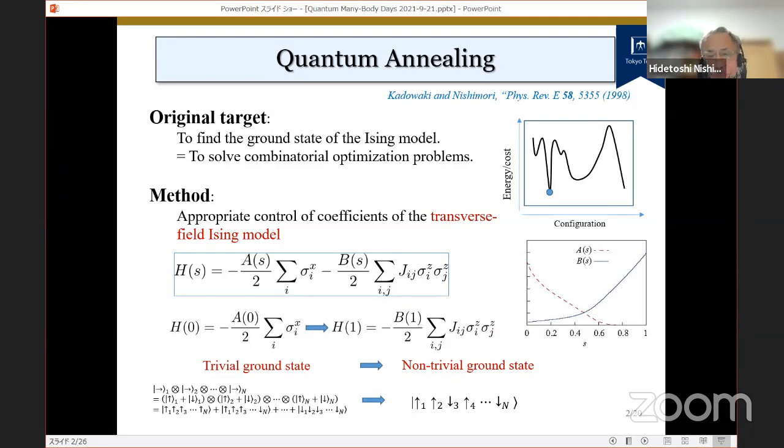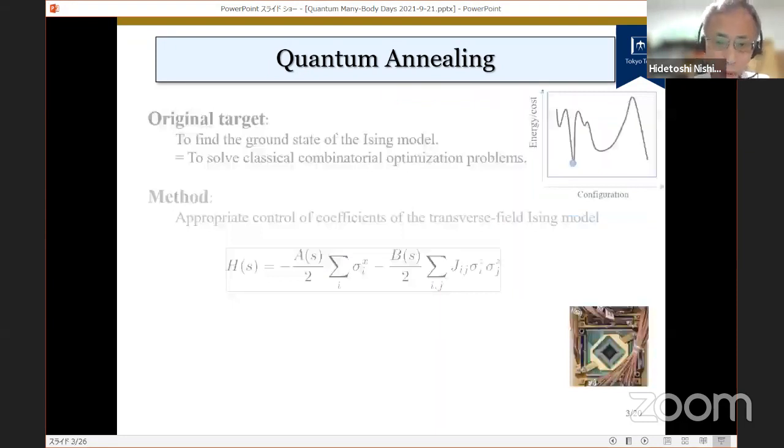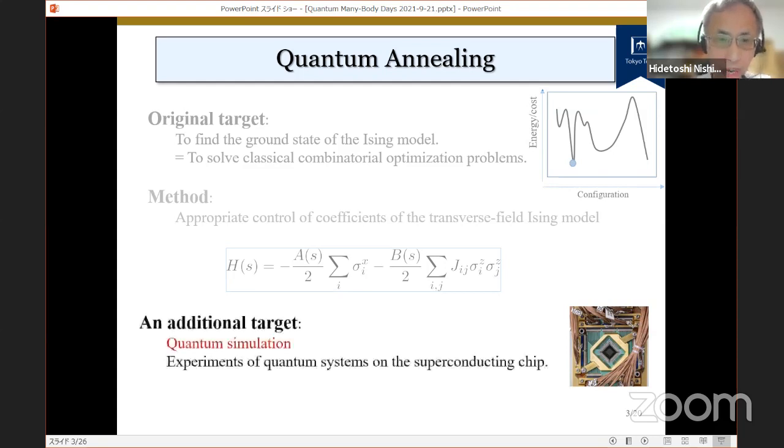So this is the basic concept of quantum annealing. And there are many studies about this strategy. But I will introduce a different way to use quantum annealing, that is quantum simulation.